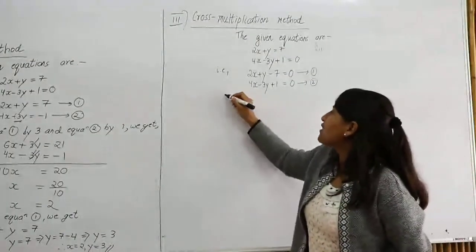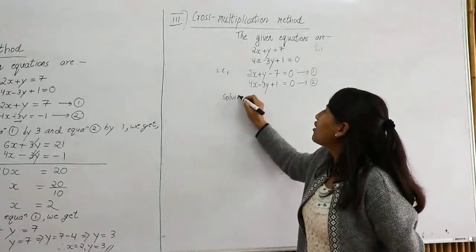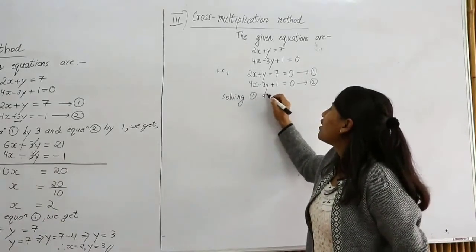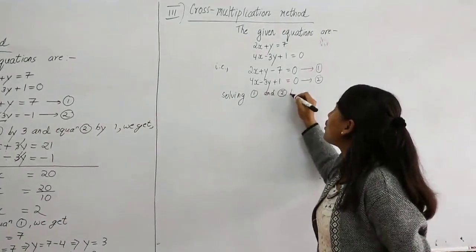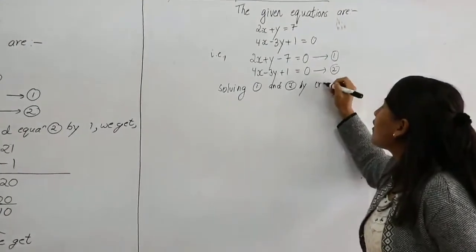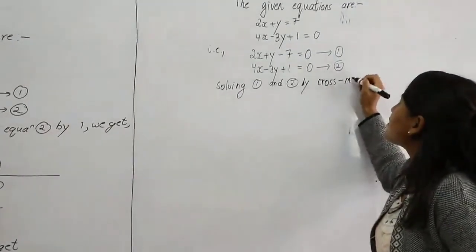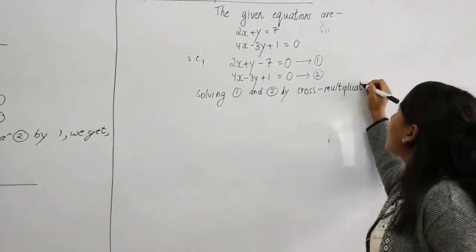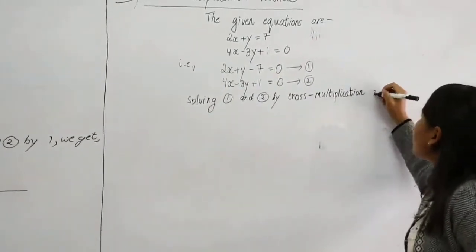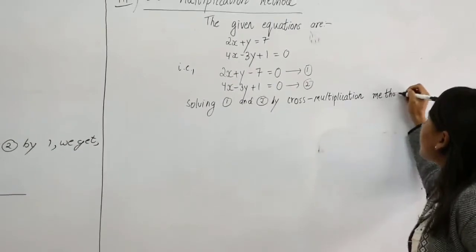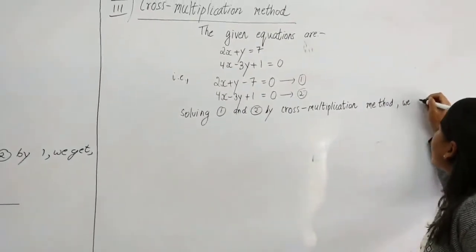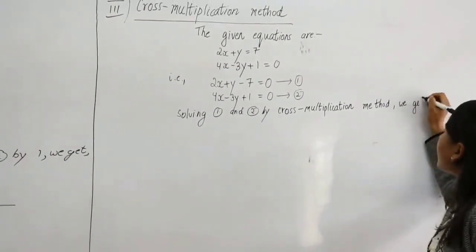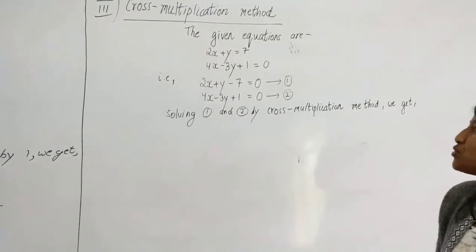Now, solving 1 and 2 by cross multiplication method, we get, okay, so what to do?